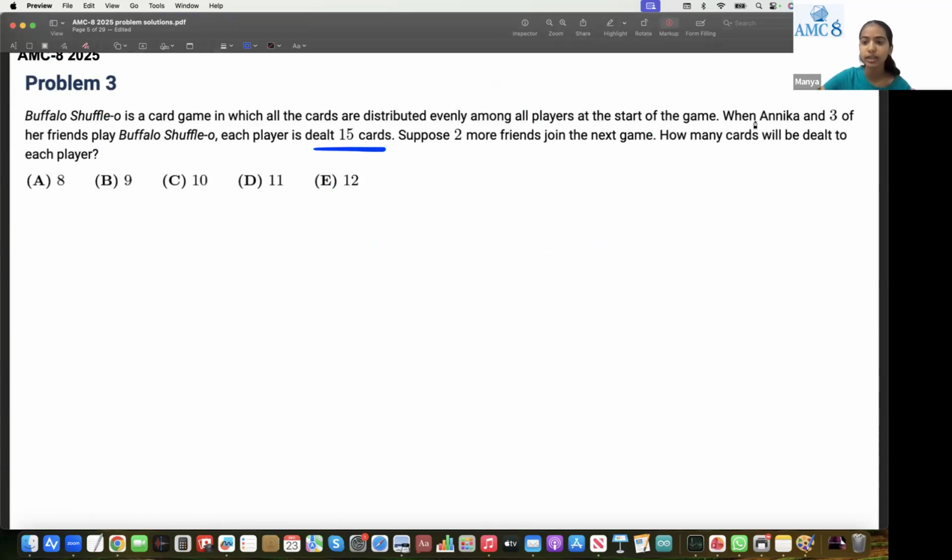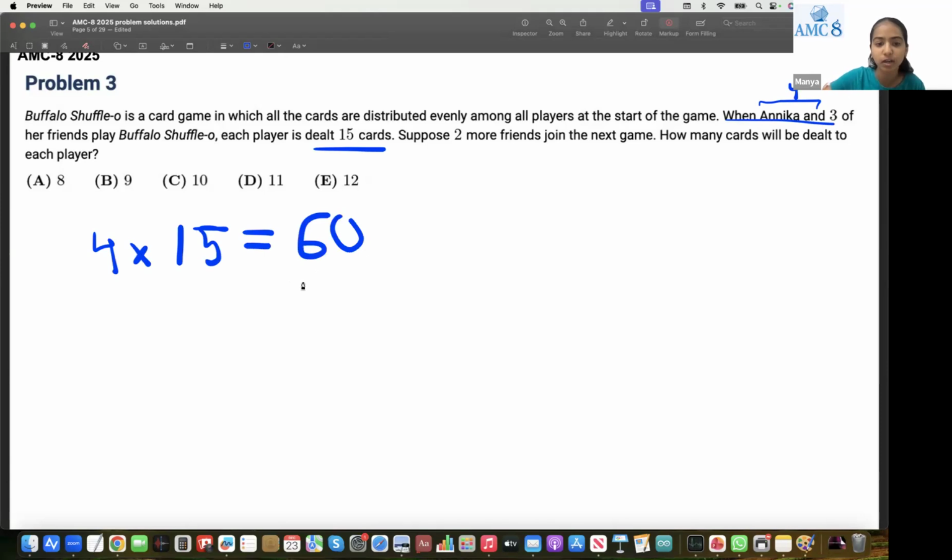So we know that there's Anika and 3 of her friends, meaning that there's 4 players. If there's 4 players and each player is dealt 15 cards, then the total will be 4 times 15, which is equal to 60. So there's a total of 60 cards.